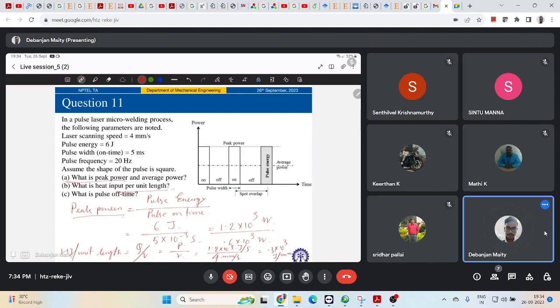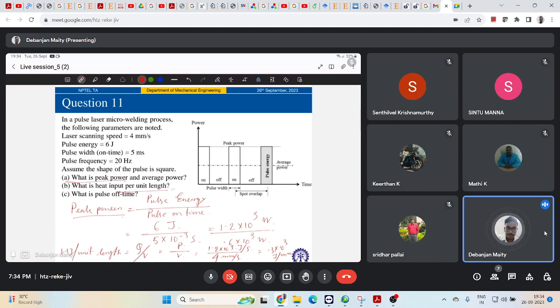Correct, no? Yes, sir. So I got the heat input per unit length also.